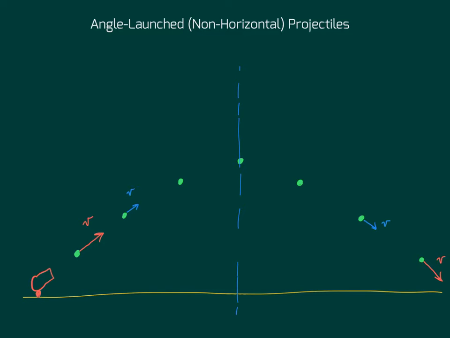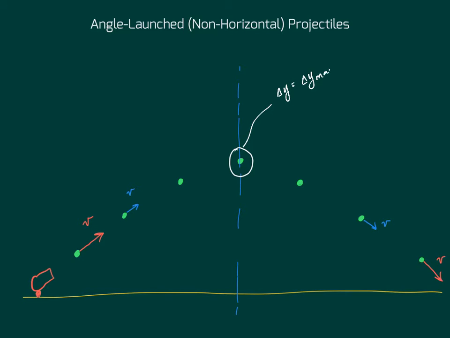There are also some other really important things that we need to know in terms of angle-launched projectiles. I'm going to circle this point right here. This is the peak of this projectile's trajectory, and we know quite a few things at this peak. First, if this is the peak, then delta y here is delta y max.